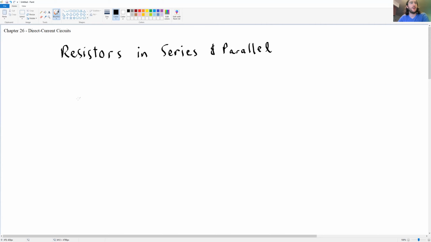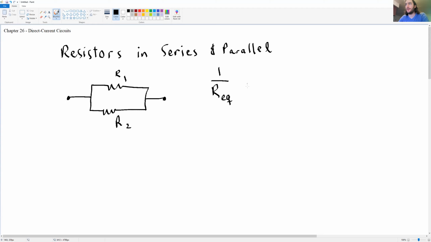So I'll remind you now the rules. If we have a parallel connection like so, with a resistor R1 and R2, and we could have more than just two resistors here in parallel. We could have n resistors in parallel, right? What we want to do is replace these resistors with an equivalent resistor, like so.